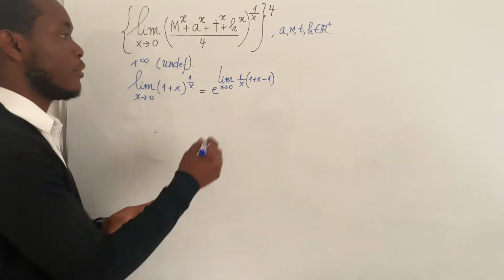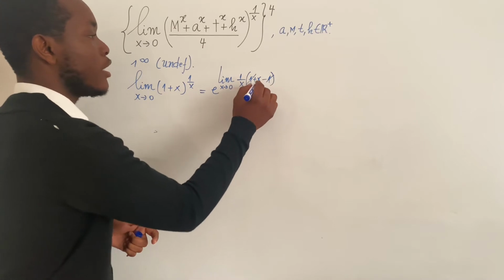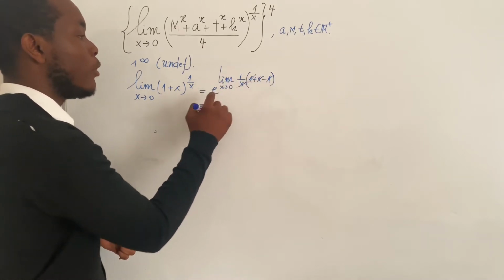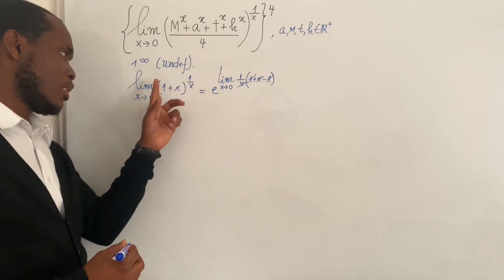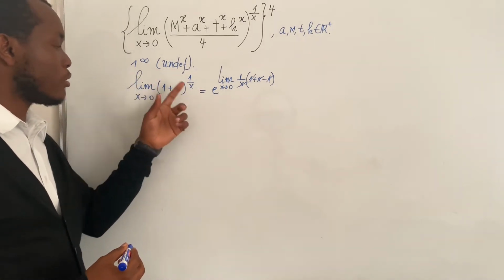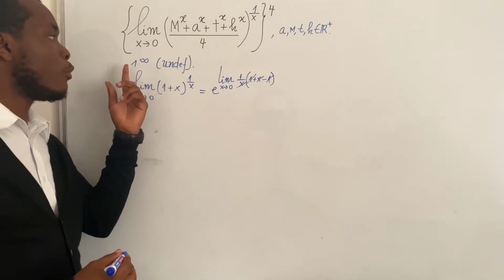If we check, x and x cancel, and it will become only Euler. So that's what we always do: we send the exponent here and subtract 1. But the limit has to have the undefined form of 1 to the power infinity.